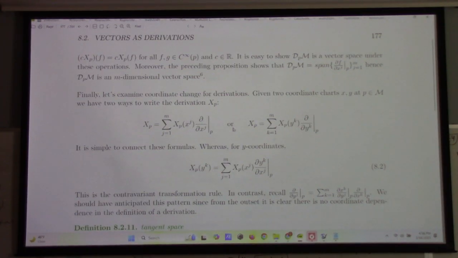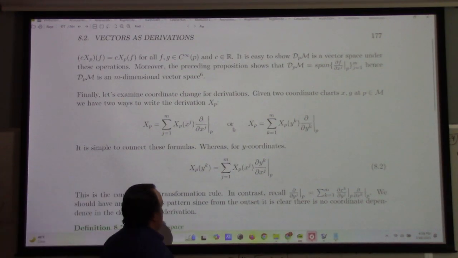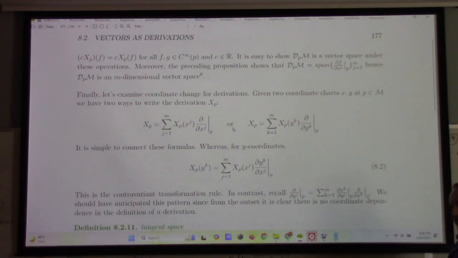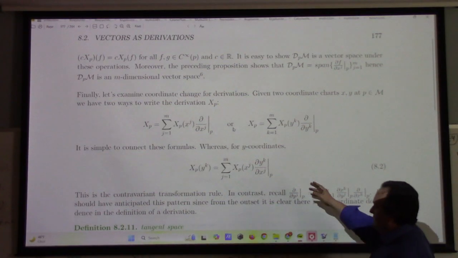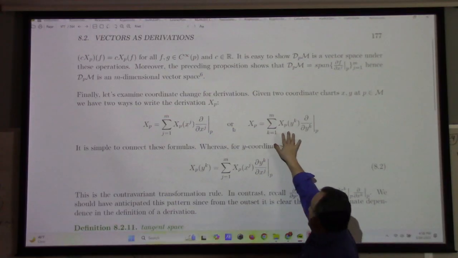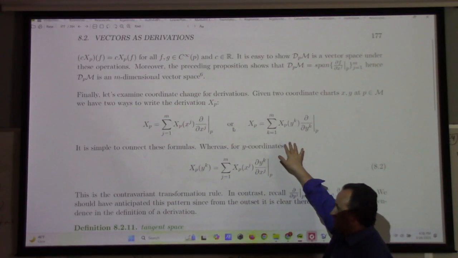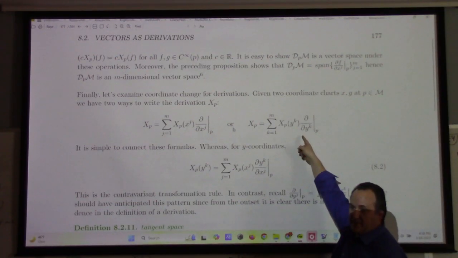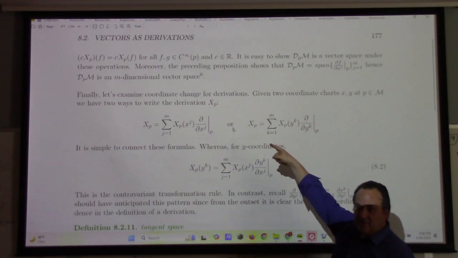So the natural question to ask next is, okay, we've got a derivation. We can write it in terms of the x coordinates or in terms of the y coordinates, if we have both. On the one hand, we'd have an x coordinate expansion, and on the other hand, a y coordinate expansion. How are they related? Well, we already talked about that. We know we can rewrite partial y as a sum over partial x's.